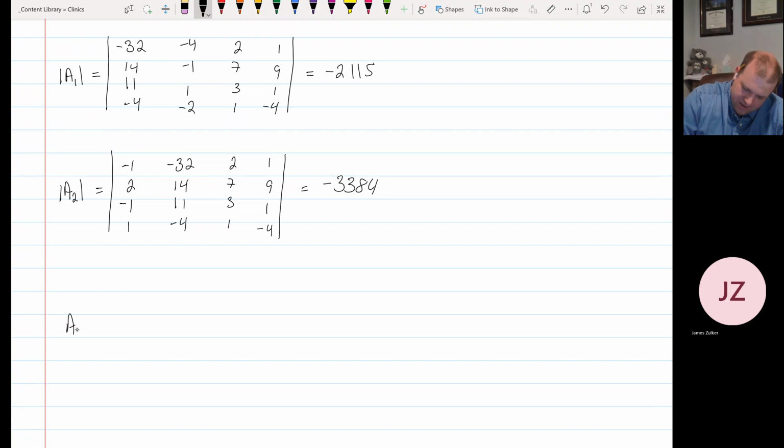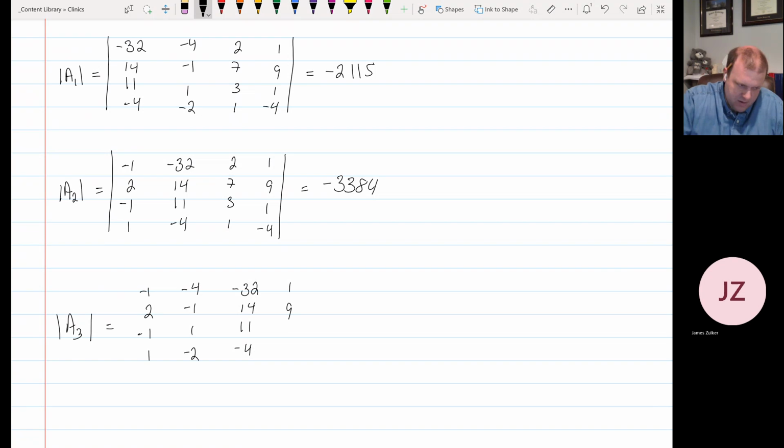For A3, take the third column of A and replace it with B. That will give us a determinant of -1,269.